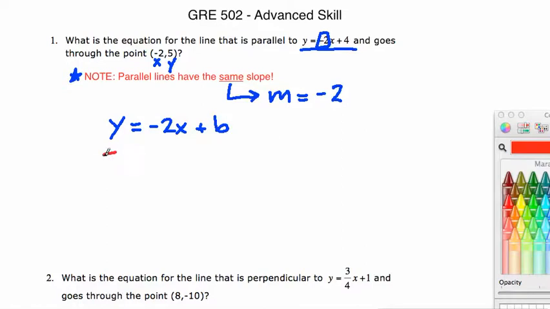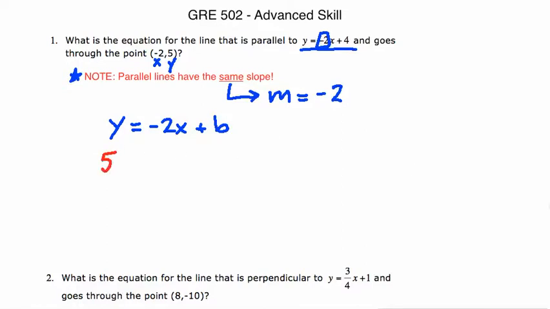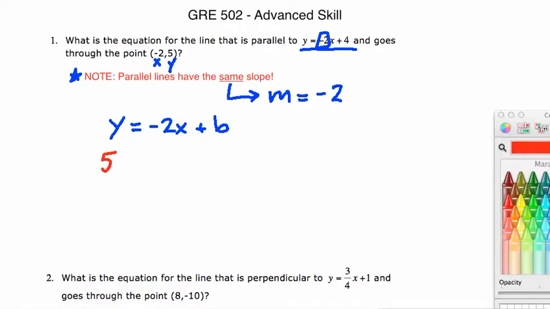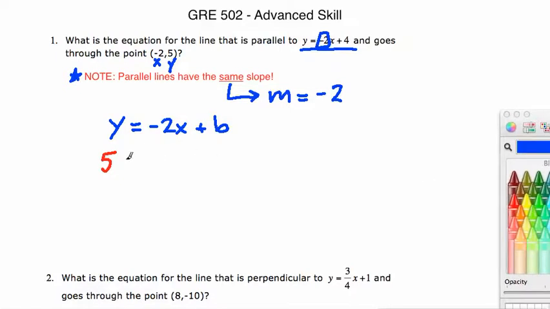So our y is 5. And our x is -2. Oops, that's a b, sorry, not a 6.